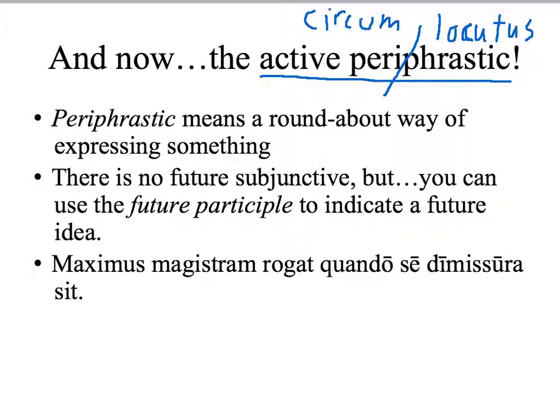It's a roundabout way of expressing something. Because there is no future subjunctive, you can't use a form of the subjunctive to indicate the futureness in an indirect question, but you can use the future participle along with a form of the verb sum in the subjunctive.